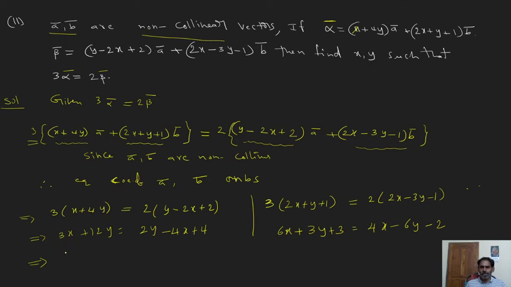Minus becomes plus, so finally it is 7x plus 12y minus 2y, that is 10y. Plus 4 becomes minus 4 on this side, equal to 0. This is equation 1. Now here 6x minus 4x is 2x, 3y plus 6y is 9y, 3 plus 2 is 5. This is equation number 2.